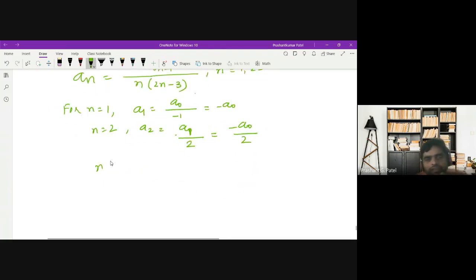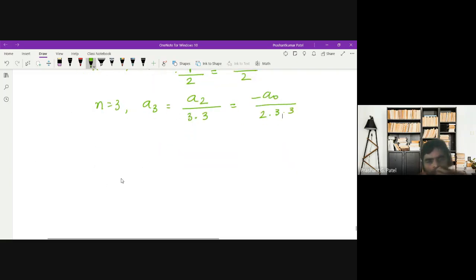If I put n equal to 3, a3 is a2 upon 3 into 6 minus 3, that is 3 into 3. And since a2 is this, it will be minus a0 upon 2 into 3 into 3.